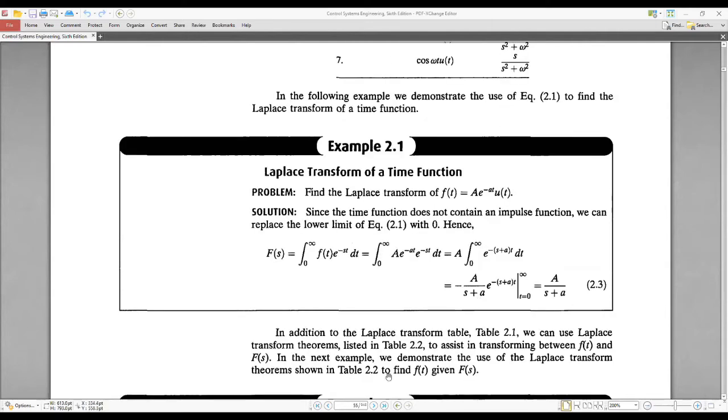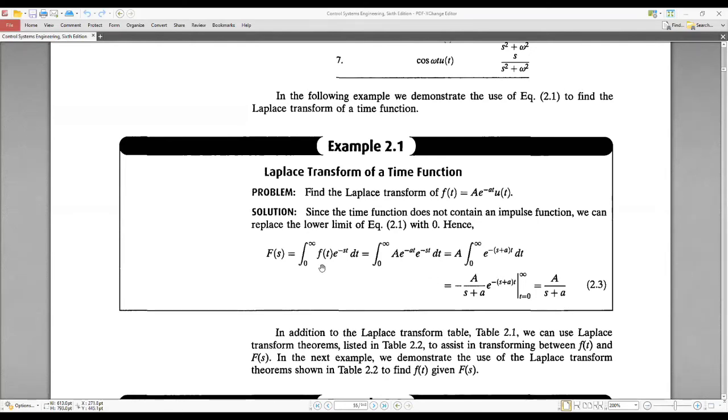Here they showed an example: find the Laplace transform of f(t) equal to A e to the power minus at u(t). Since the time function does not contain any impulse function, that is delta t, we can replace the lower limit with 0. Hence F(s) is the integral from 0 to infinity of f(t) e to the power minus st dt.